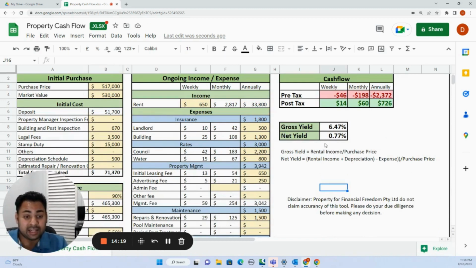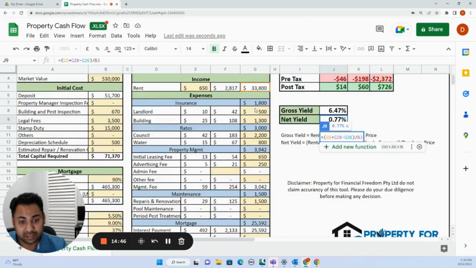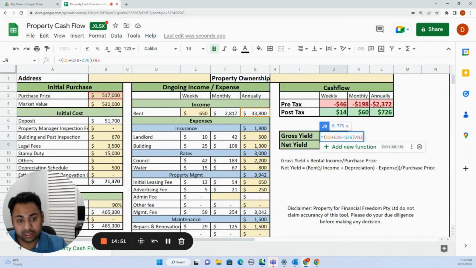So net yield is basically after all the expenses and getting the tax benefit. This tells you if the property is positive cash flow, negative, or neutral. There are a lot of different definitions, right? The net yield, this is what my understanding is, but you have to do your due diligence on that as well. So basically this one is whatever ins, whatever outs, plus depreciation, divided by the purchase price of the property.